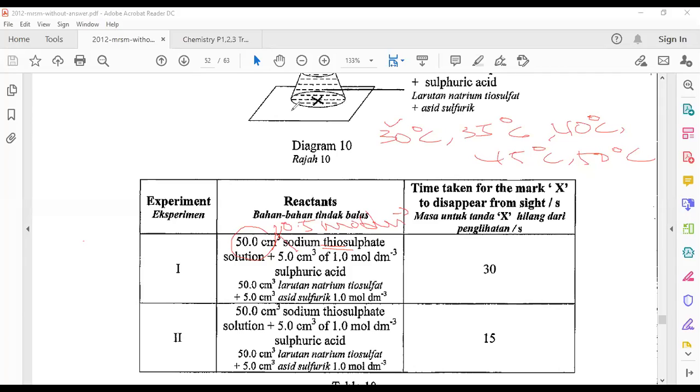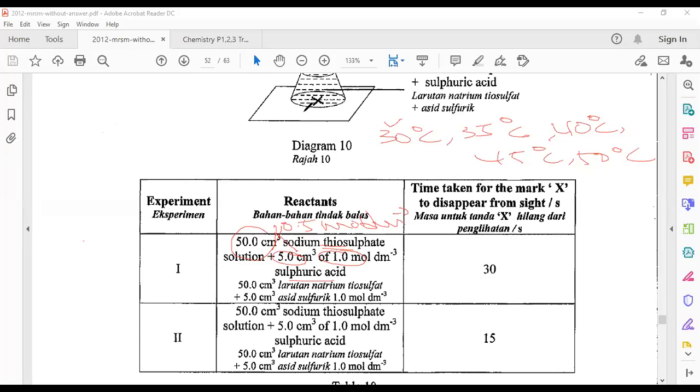with a mark X. Then you are going to add in sulfuric acid. Talk about the volume and the concentration, quickly. Then you start your stopwatch immediately. You have to have the word immediately. Some of you in your answer don't put immediately. Start your stopwatch immediately. Then you swirl.